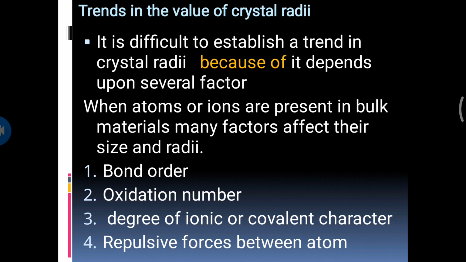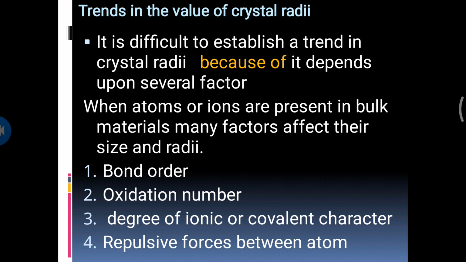If bond order is 3, carbon triple bond carbon, its crystal radii are different. From single bond to double bond to triple bond, increasing the bond order decreases the crystal radii. So that's why it depends on bond order.